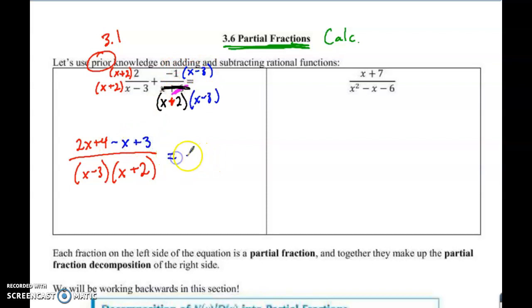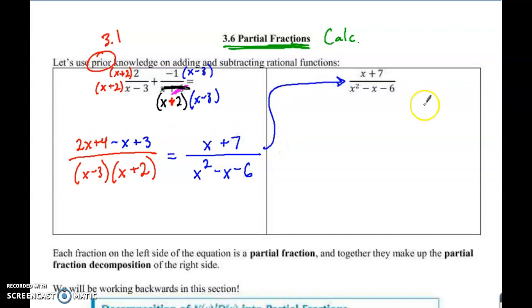And then when I simplify that, now earlier I didn't have you FOIL out that denominator, but I'm going to go ahead and do that now. And on top you end up with 2x minus x is 1x plus 7. And what you notice is it equals that. So here's where we're heading with this.